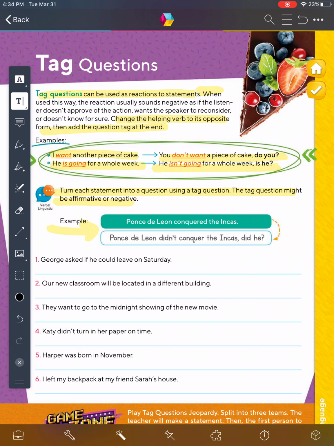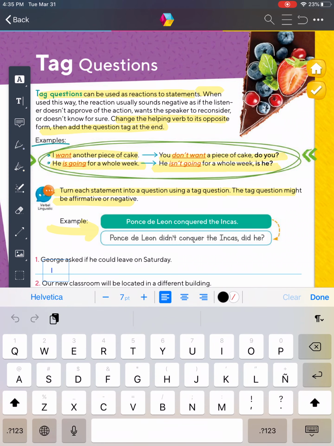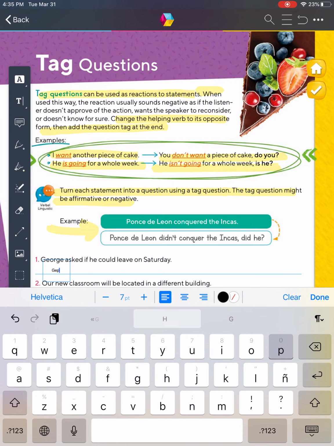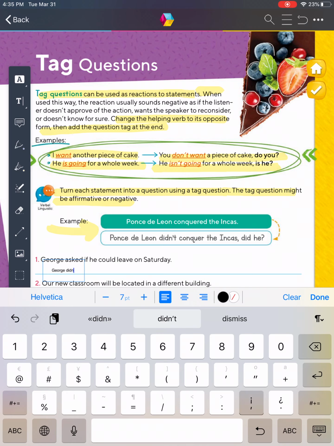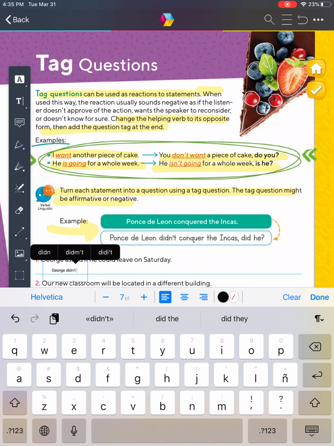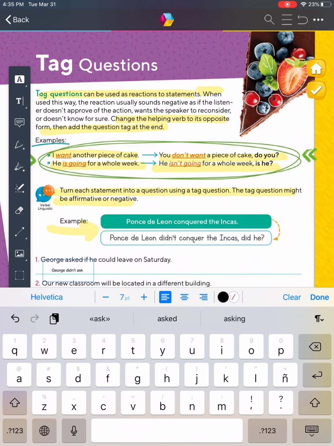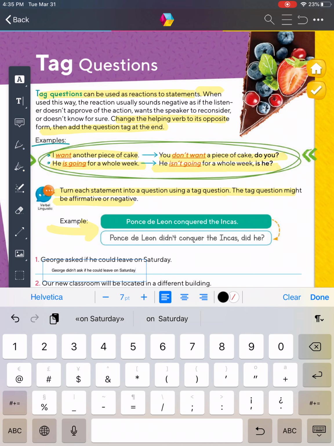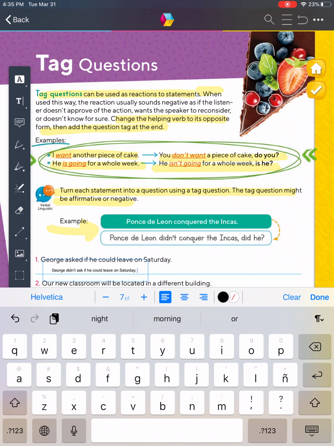In this case, negative, right? So this should be like this. George didn't ask if he could leave on Saturday. And then we have a comma to start writing our tag question.